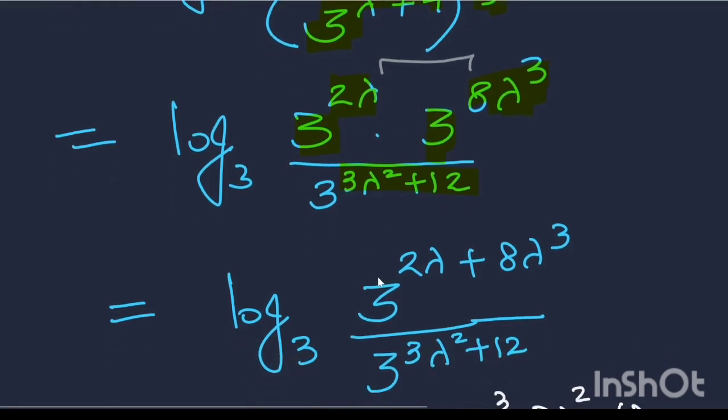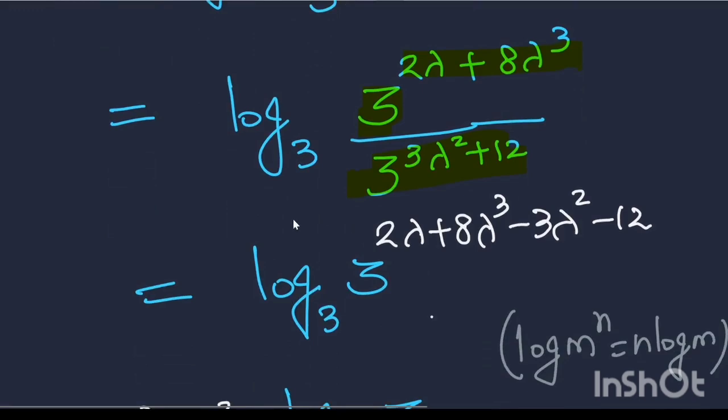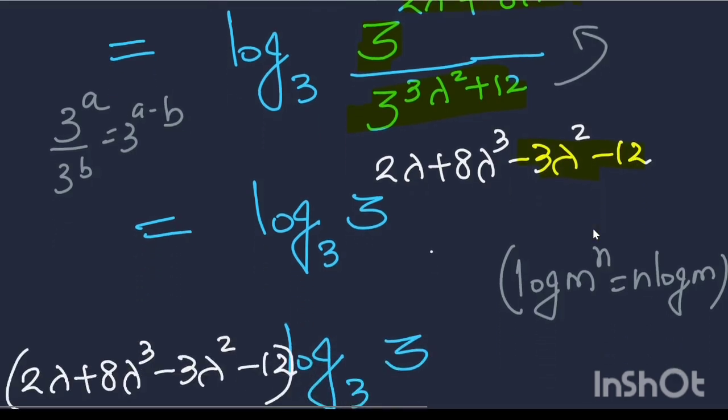So it is 3 to the power 2 lambda plus 8 lambda cube upon, this is as it is. Now using the exponent property that we have done in lower classes, 3 to the power a upon 3 to the power b is 3 to the power a minus b. This will go up with a minus sign. So it becomes minus 3 lambda square minus 12. The numerator 2 terms are as it is.